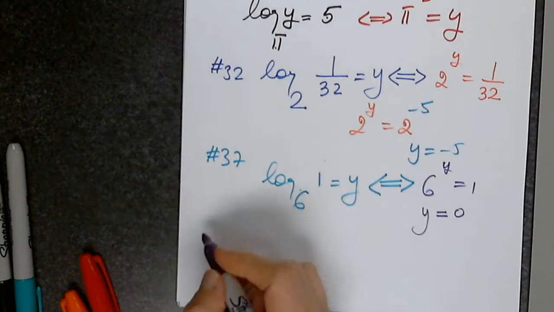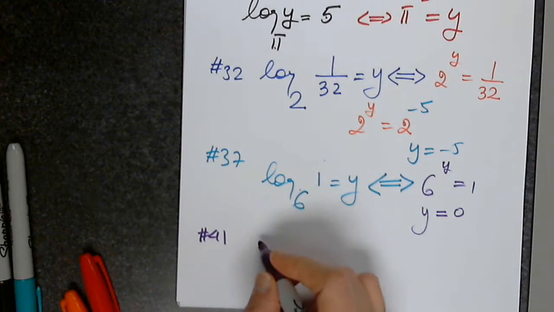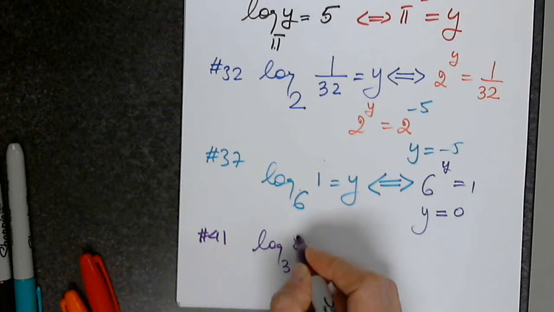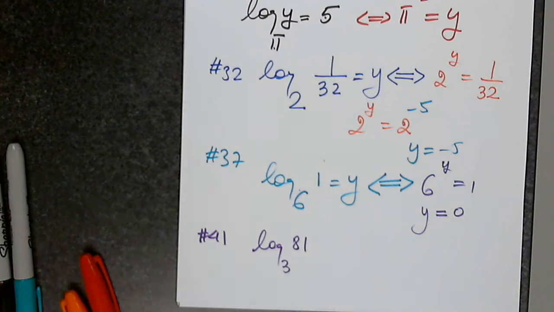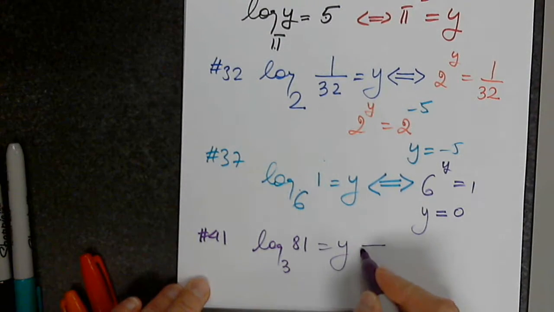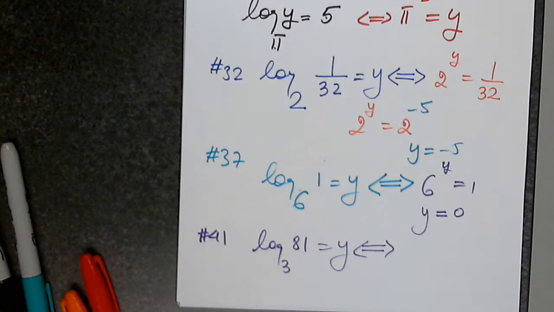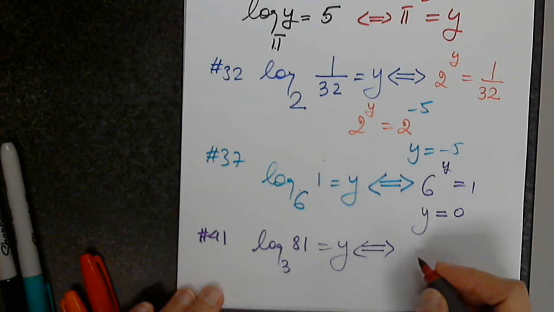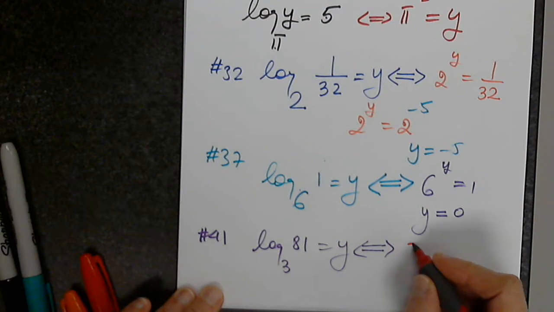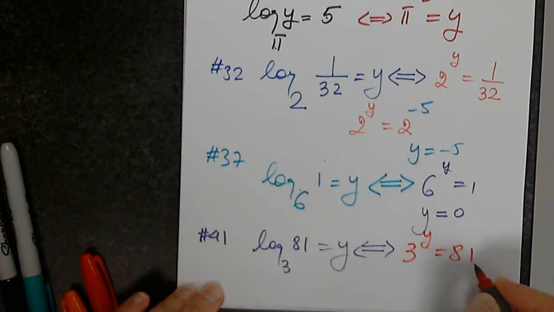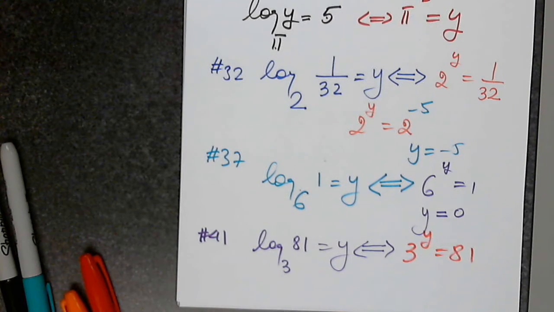41. Log base 3 of 81. I have no clue, but I know how to change this into an exponential equation. How do I do that? I will be able to solve easily if, and only if, 81 is written as a power of 3.